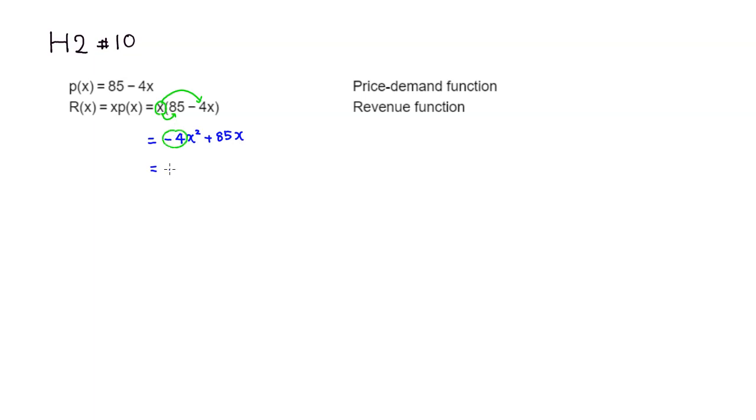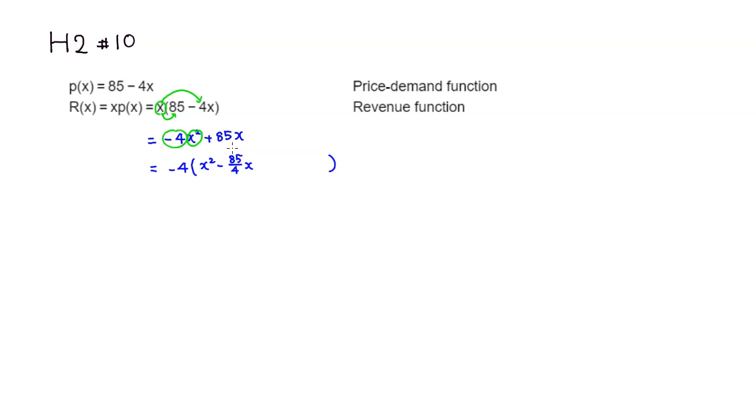So you have x squared from here. If you factor negative 4 out of 85x, you basically divide by negative 4, so you have negative 85 over 4 x. Unfortunately, this is not the nicest number.